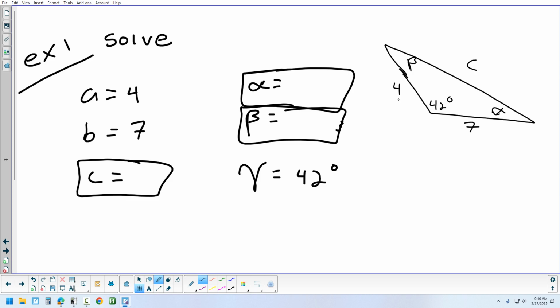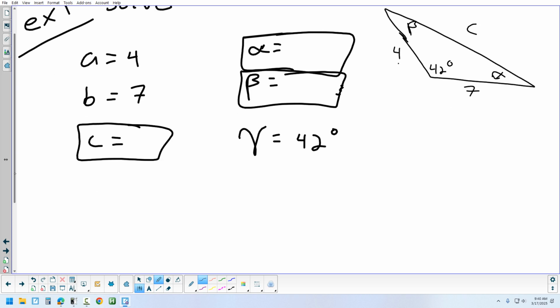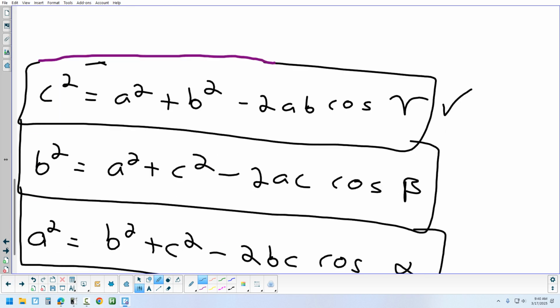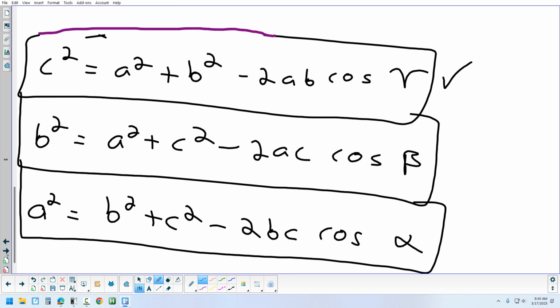Okay, when you have side, angle, side, you have to find the side you're missing first. What's the side that we're missing? Bella, what side are we missing? C. And to find C, you need to use the law of cosines that has C in it, but they all have C in it.